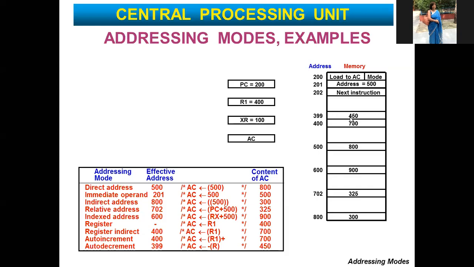This 450 will be loaded in the accumulator register. What will be the value of AC in this case? In auto decrement, it will be 450, wherever the address will be 399. So in case of auto decrement, the effective address will be 399 and the content of AC will be 450.